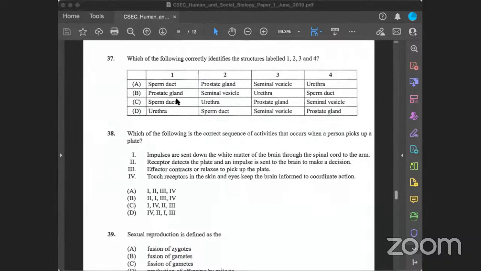Effector contracts or relaxes to pick up the plate. 4. Touch receptors in the skin and eyes keep the brain informed to coordinate actions. What do you think? The answer is B. That's 3. Effector contracts, relaxes. Good. Yep. Agreed. B.